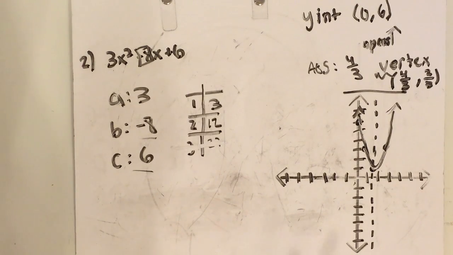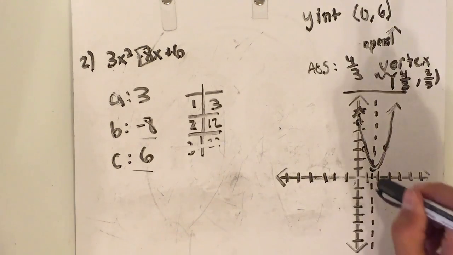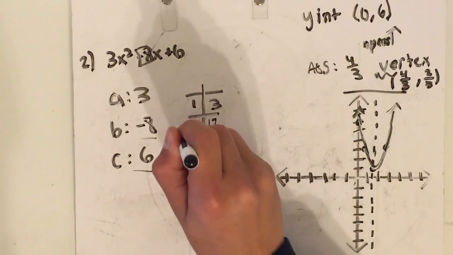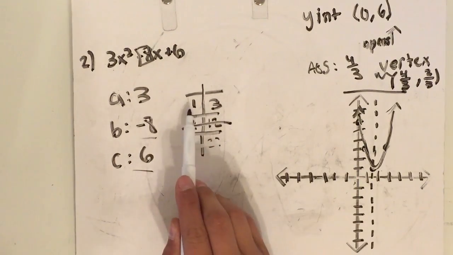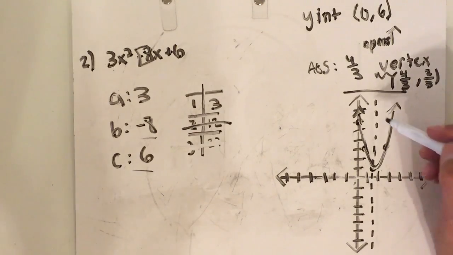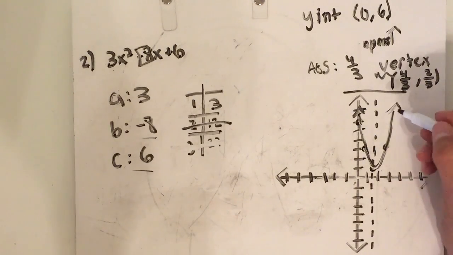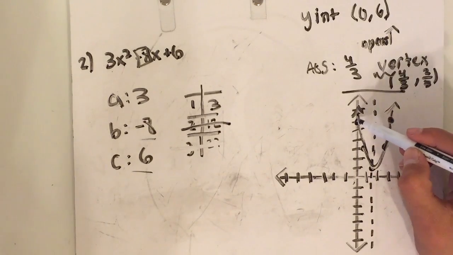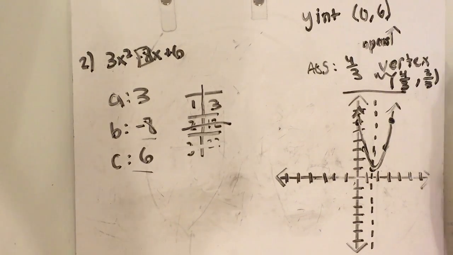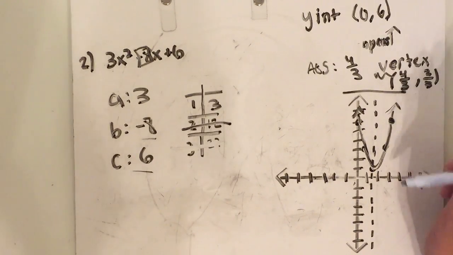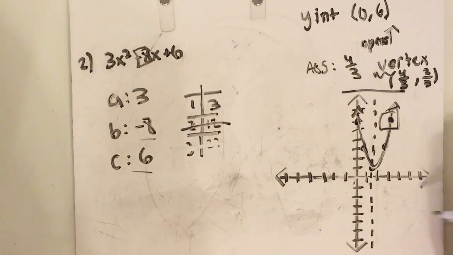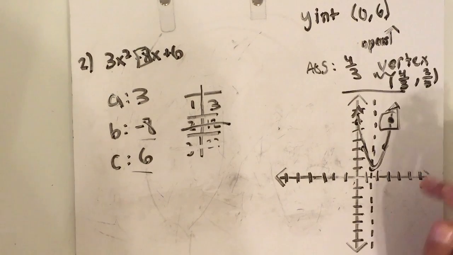And this one also went off the graph, so we didn't plot that. So we did plot the 1, 3, and we also used the y-intercept as another point. And so we reflected the y-intercept over the AOS to get this point over here. And so this is how you would graph this type of equation.